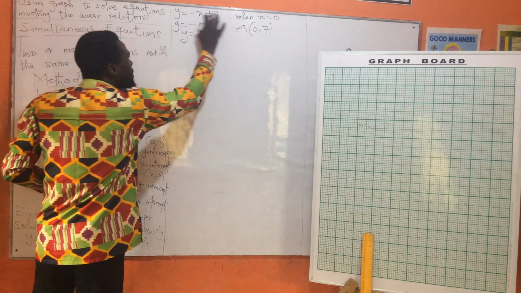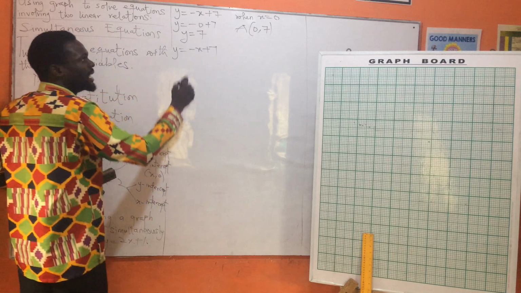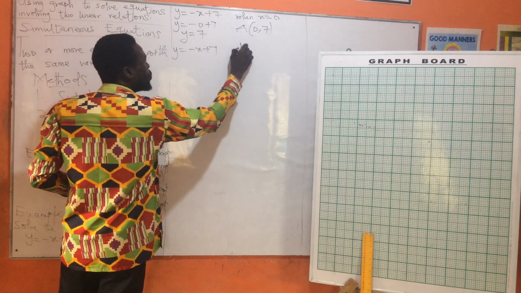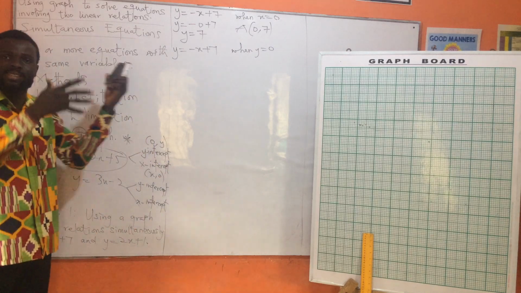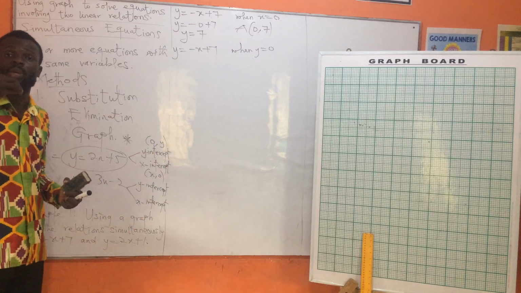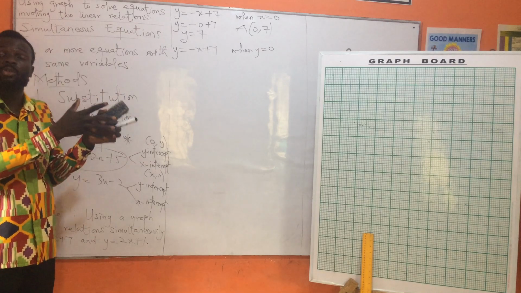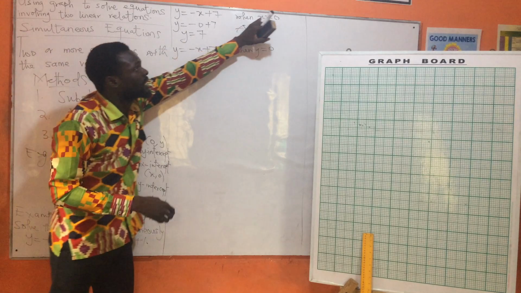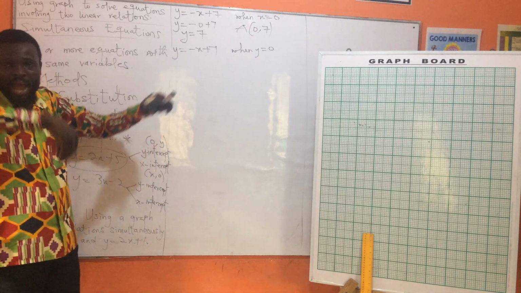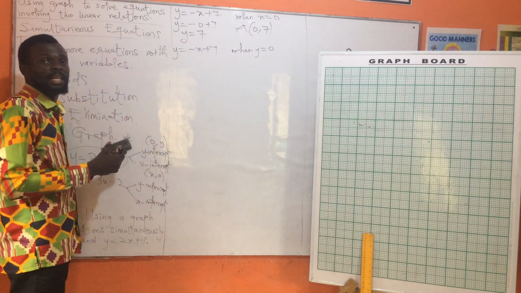Then with the same relation, minus x plus 7, this time we are going to say when y is equal to 0, because when y is 0, we will be able to get the x-intercept. So now that y is 0, we can solve for the x-intercept.